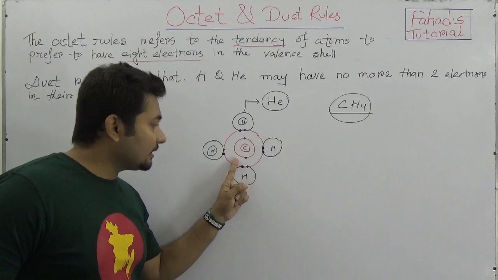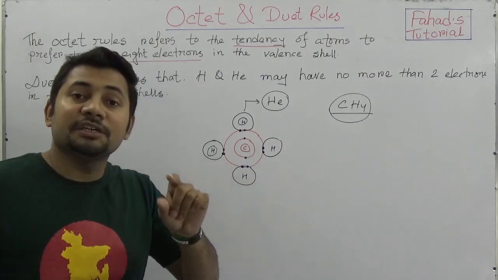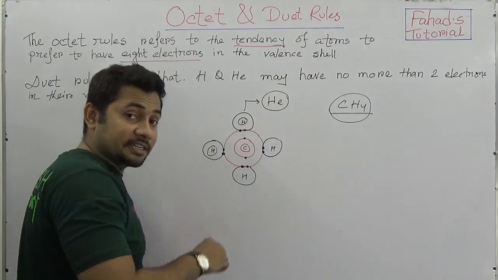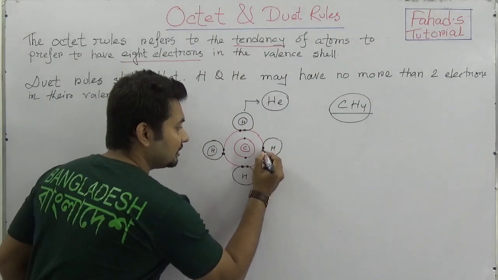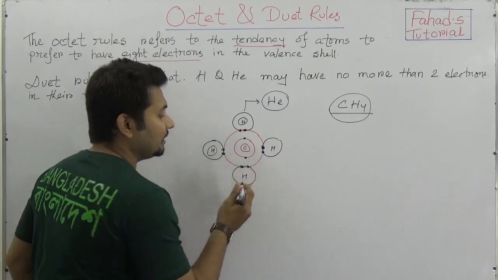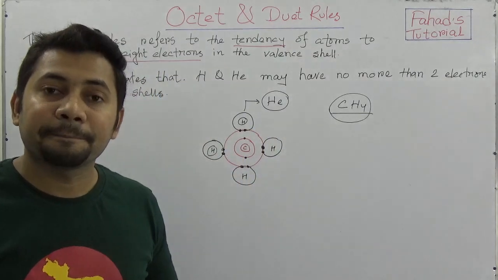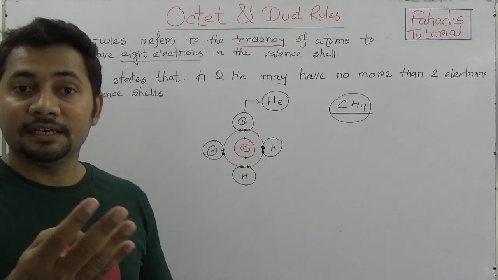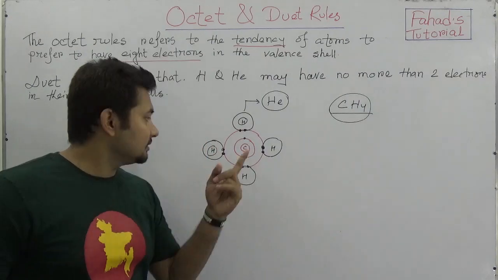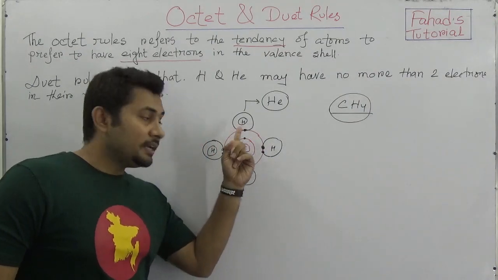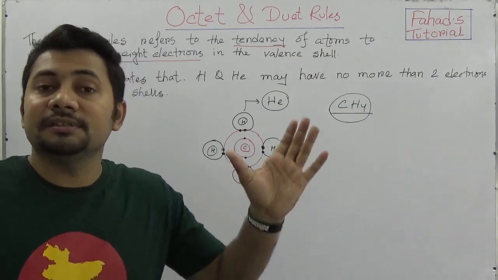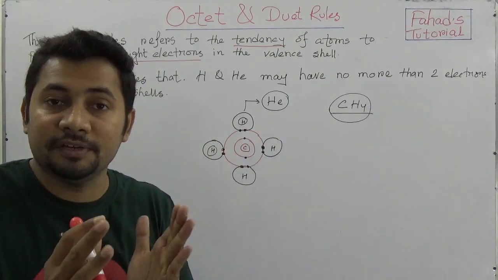And when carbon shared 4 electrons, it got 8 electrons in its outermost shell, and thus it gains the electron configuration like neon. Neon has 10 electrons, with 2 inner and 8 outside. Carbon has a similar 8 electrons outside and 2 inside.